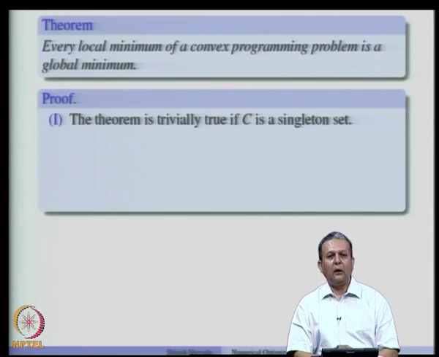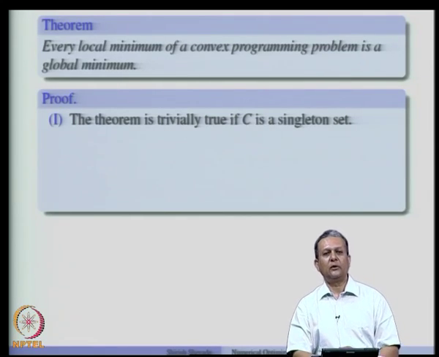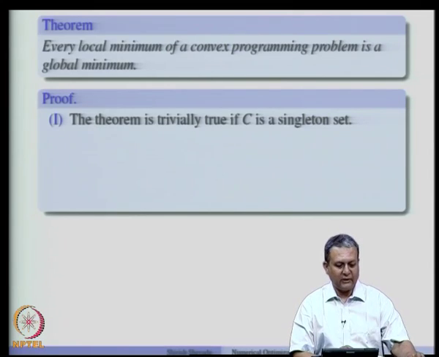Now, if the constraint set C is a singleton set, then the theorem is obviously true, because there is only one point in the constraint set, and that point will always be a global minimum. So, the theorem is trivially true in such a case.